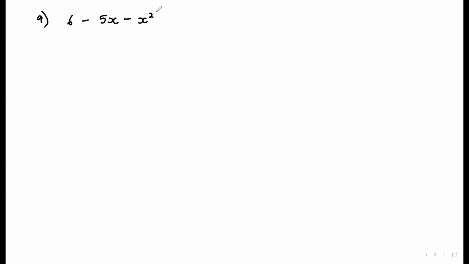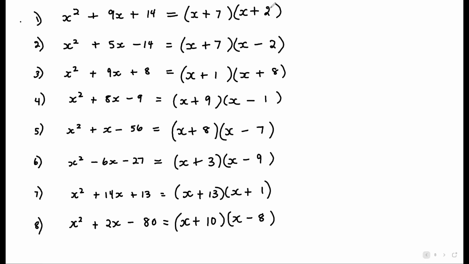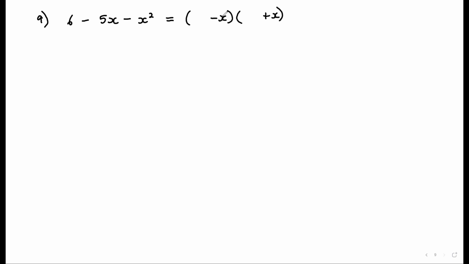Well, all that would happen here is the same steps, guys, except you'll have x here, plus x and minus x over there. Instead, in all of them, I had x first, right? Because x was positive. But in this case, I'll have to put minus x and plus x, right?